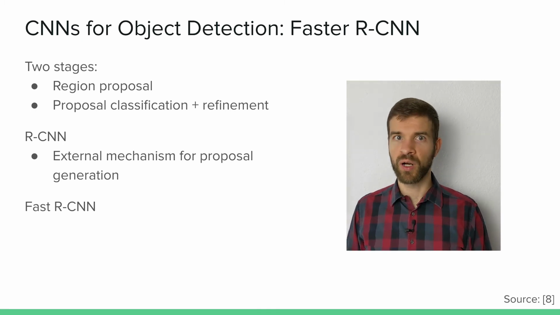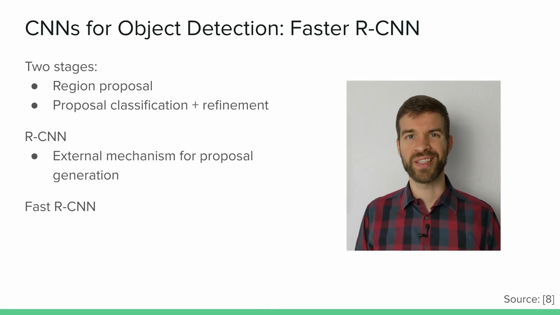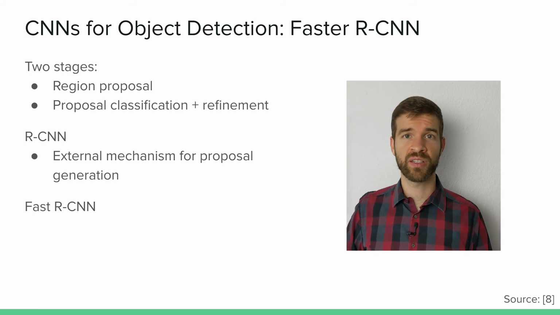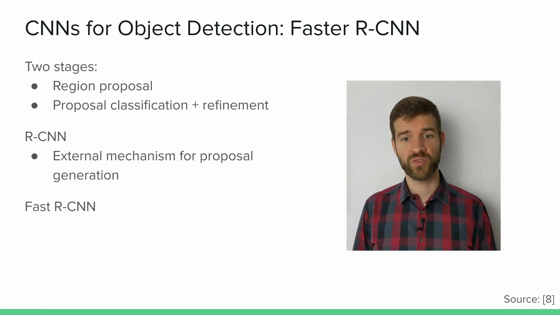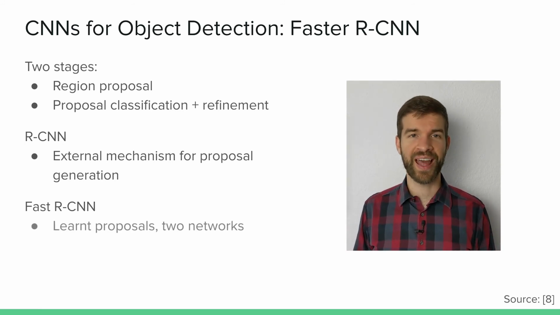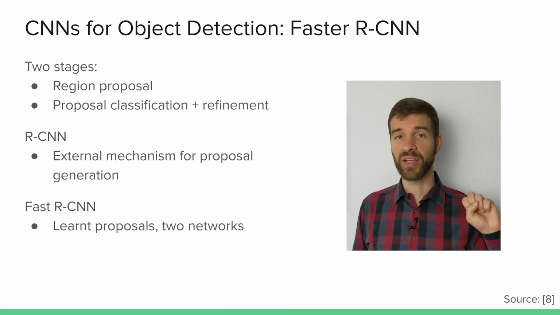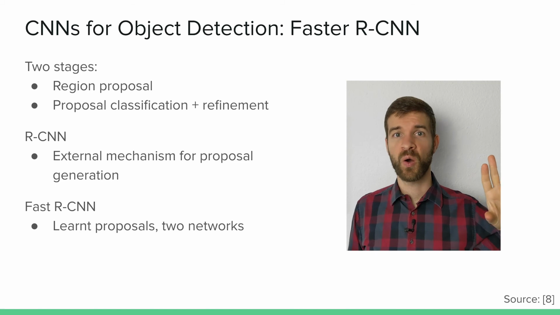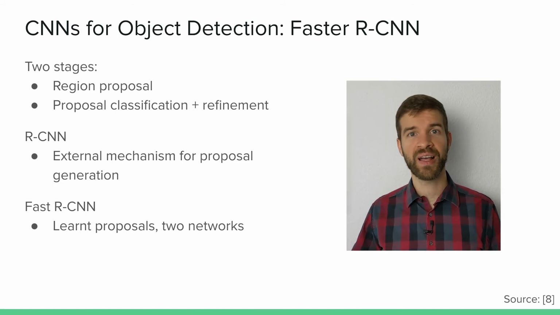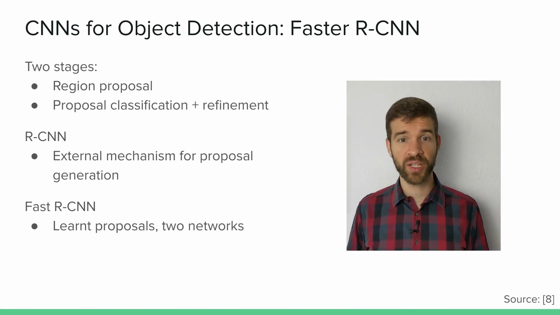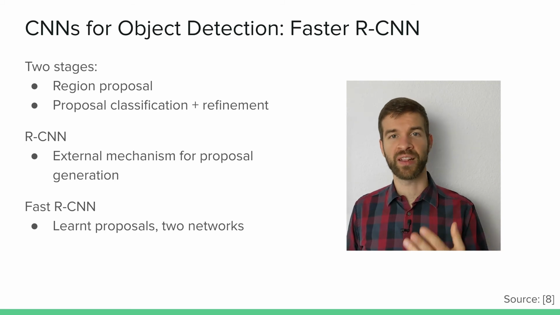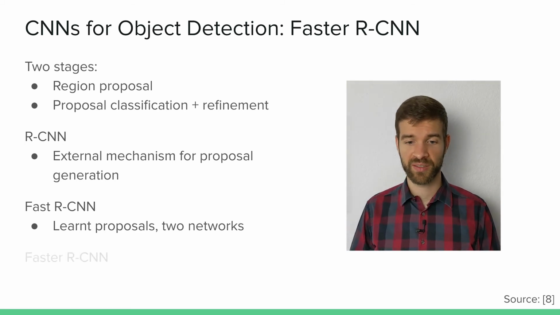It turned out that it might not be a good idea to use an external mechanism to generate this. Why not learn to extract meaningful region proposals? That was Fast R-CNN, which had the idea of learning where to look and then learning how to classify that. So we had two networks that learned the proposals and learned the classification and refinement.